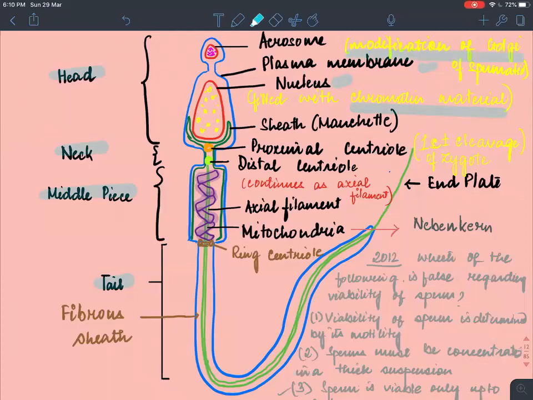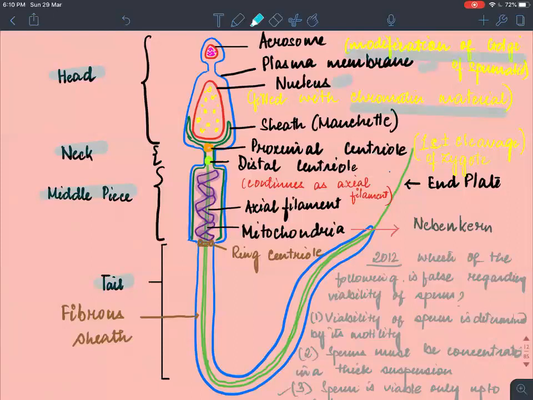Now, students, this is very important to remember because many times a question is asked in NEET about what is acrosome. Is it a lysosome or is it a Golgi body? Always everyone gets confused with this answer. It is always Golgi body modification and never a lysosome. But it consists of lysosomal enzymes.